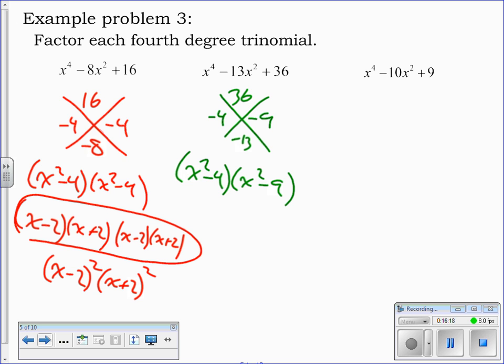Difference of 2 squares, x squared and 2 squared. X squared minus 4 is x plus 2, x minus 2. If I look at x squared minus 9, I have the same thing. X squared minus 3 squared. So it'd be x plus 3, x minus 3.